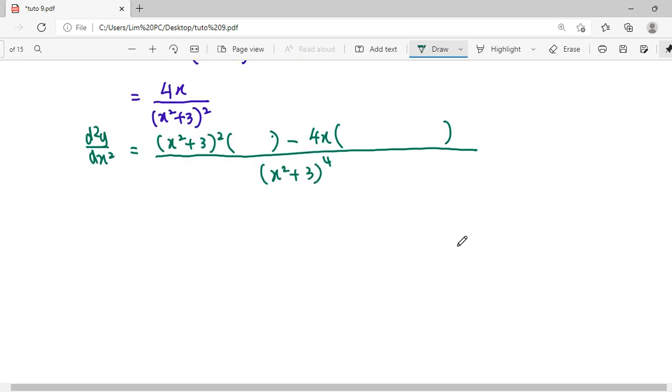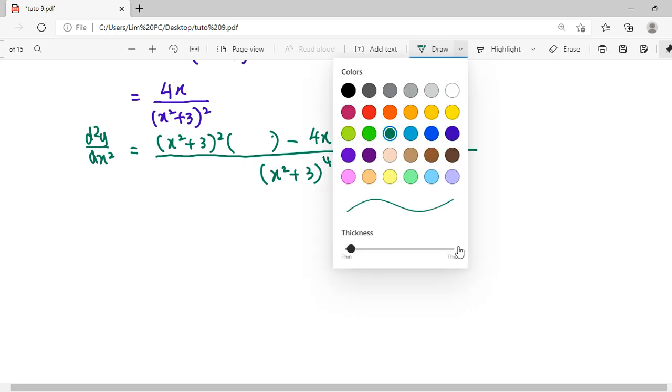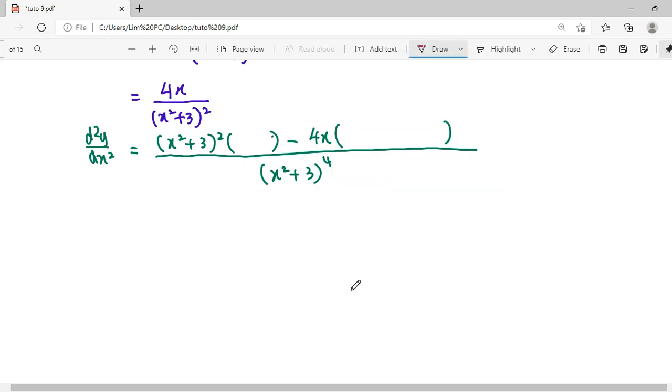Okay, differentiate the part that we want. Copy the bottom, differentiate the top. Differentiate 4x, leaving the coefficient 4. Then copy the top, differentiate the bottom. The bottom is in a bracket with a power, so when you want to differentiate this part, it is the power rule. What does the power rule say?